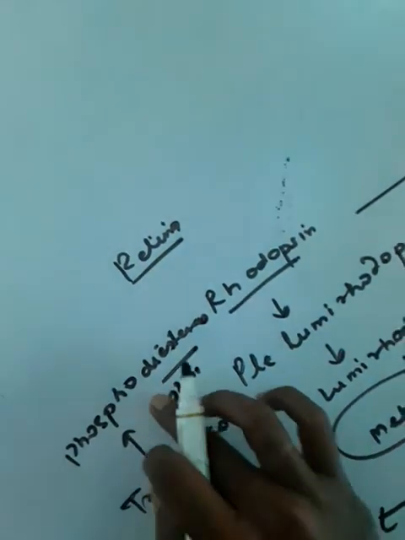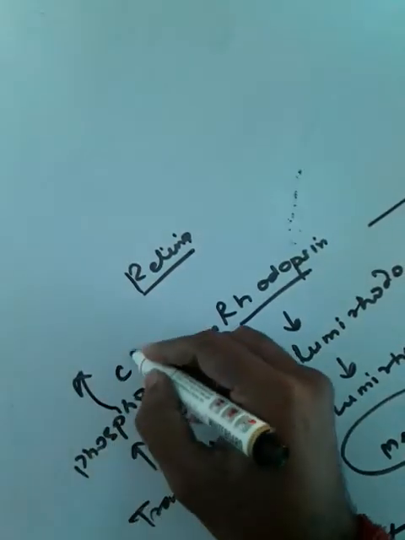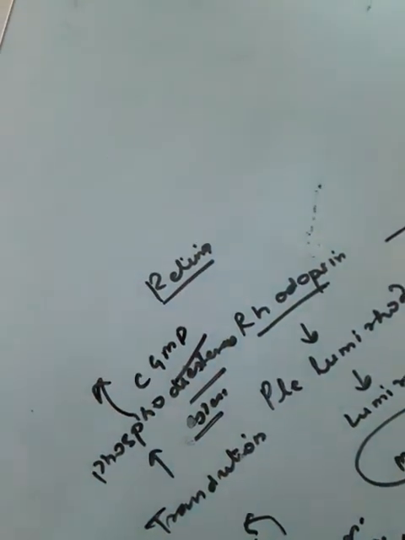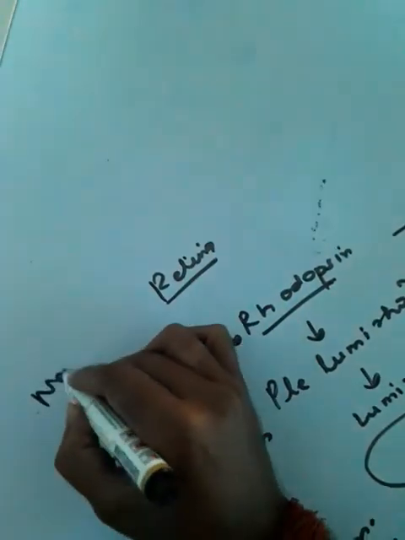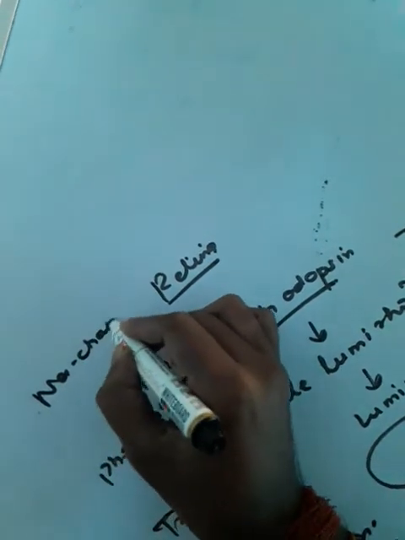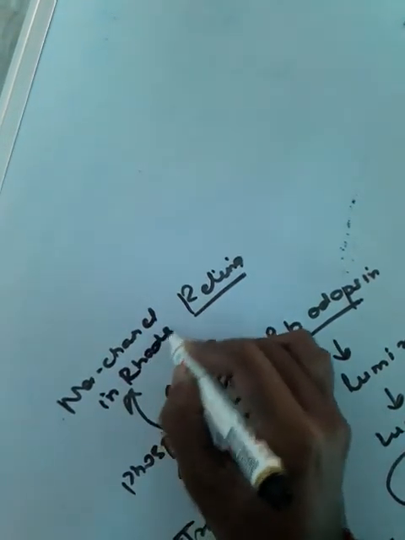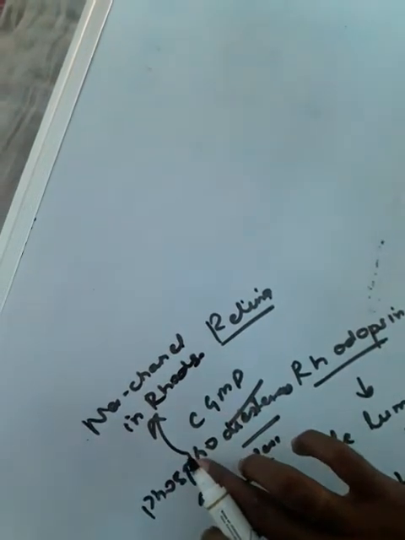Okay, this diesterase stimulates the cGMP, and cGMP activates the sodium channel in rods.